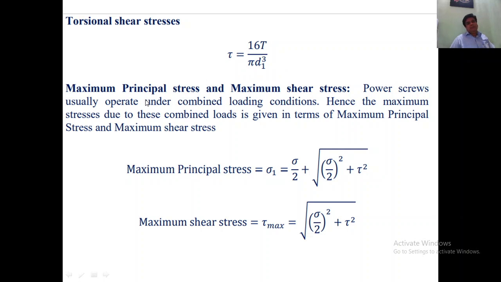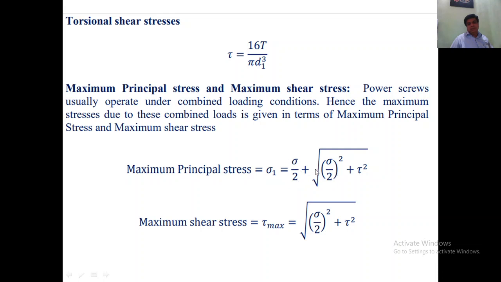And coming to maximum principal stresses and maximum shear stresses. Again, you learnt this in mechanics of materials. In that course, you learnt how to calculate the maximum principal stresses when the loads are acting in the x direction and y direction, with a two-dimensional set of stresses, or 2D stress. In this case, the stress is acting in one direction, so we take only sigma by 2.